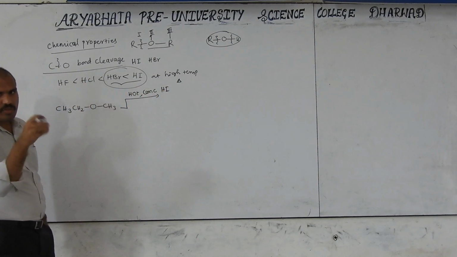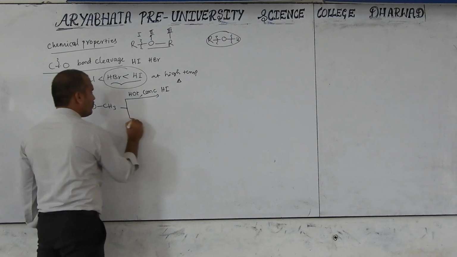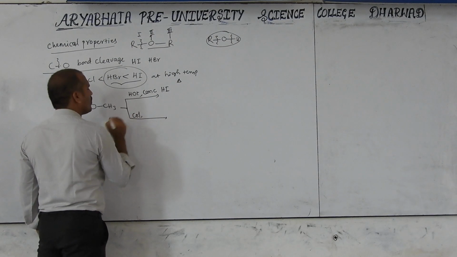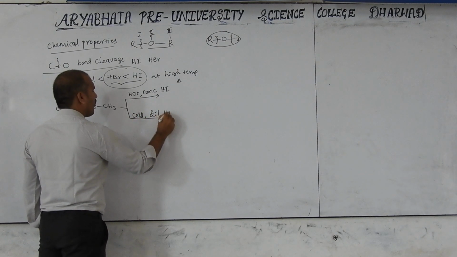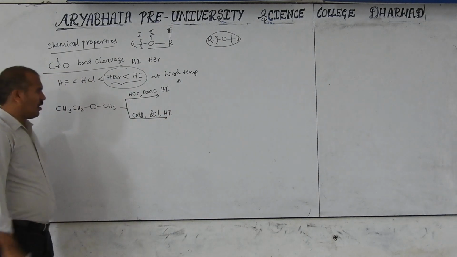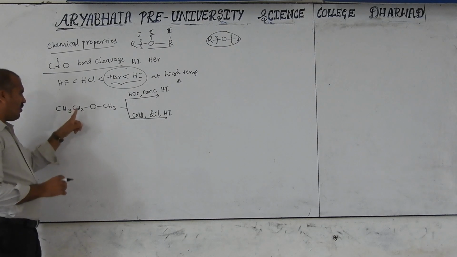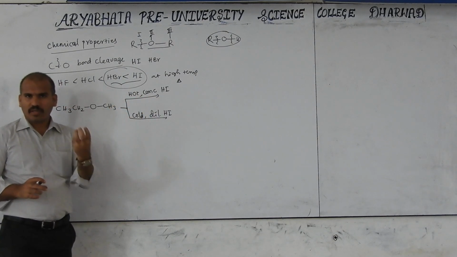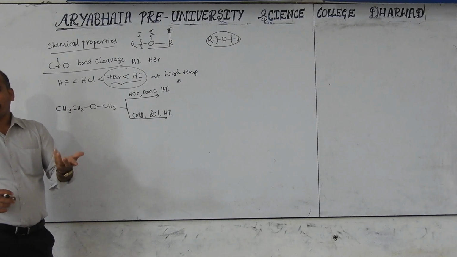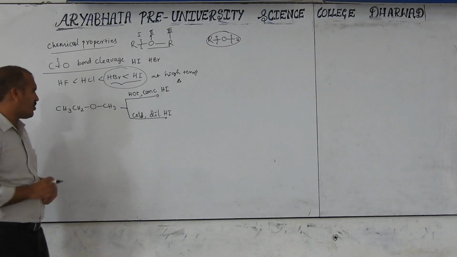If I write HI, you can also write HBr. The next one is cold dilute HI. Now, hot concentrated HI means excess also. It means concentration is a more number of HI; dilute is a less number of HI. Like this also you have to calculate.